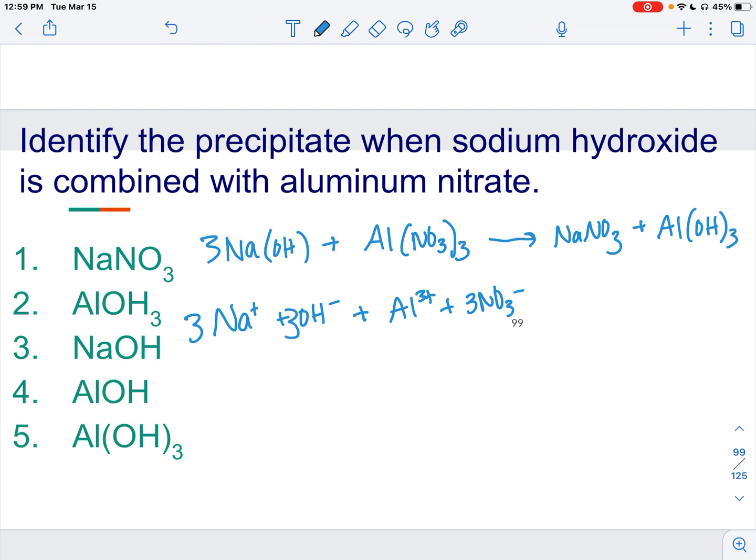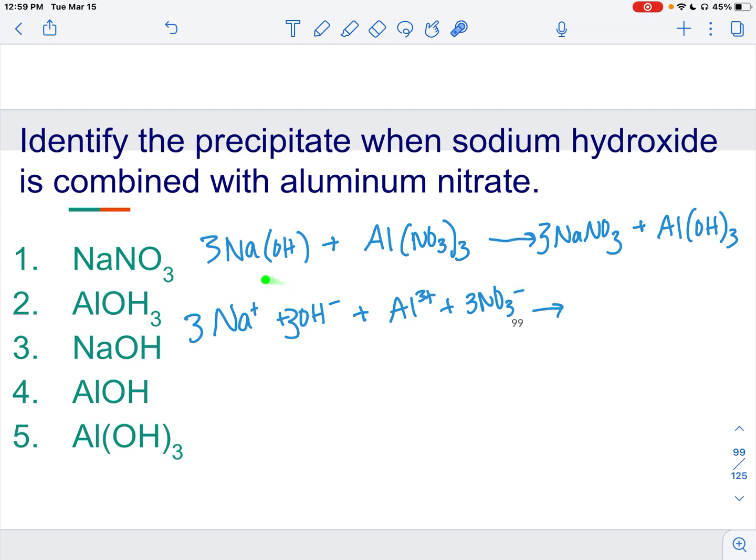And I'm just going to balance that. And so on the other side, you would look here. And if you look at these two products, the one that is going to be insoluble is definitely going to be Al(OH)3, because we know that nitrates and sodium are always soluble.